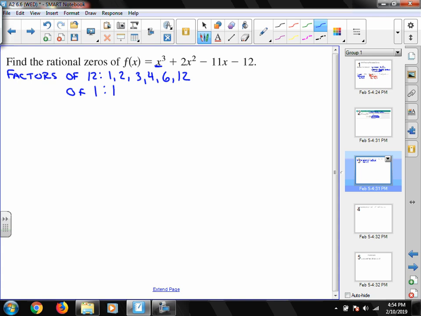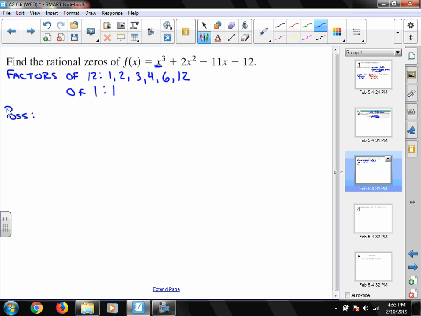With our leading coefficient being 1, we have made this a little nicer. So I'm going to list out my possibilities. With every one of these possibilities, I'm going to have plus or minus. The reason being, I could take -1 times -12 and I would get a positive 12.